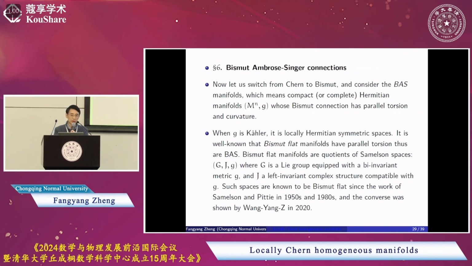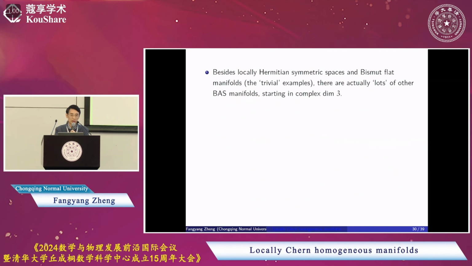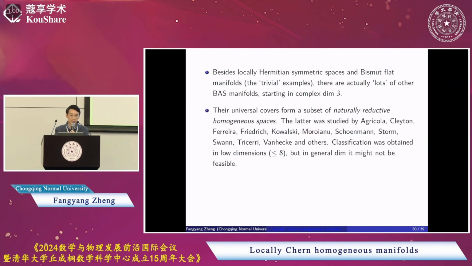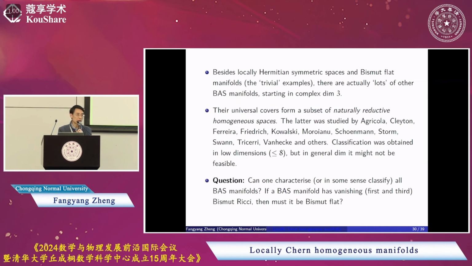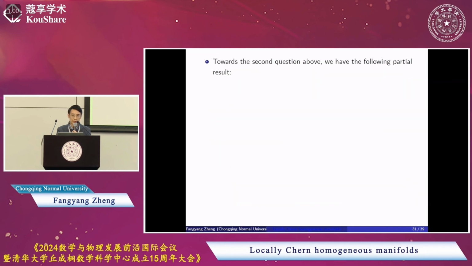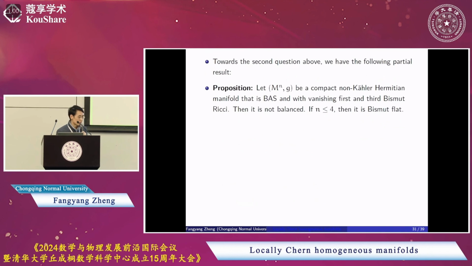Bismuth flat are the Samuelson spaces. Here, let me skip that part. In particular, you could ask the AK type question for Bismuth connections. Our partial results basically say that, for the AK type question for BAS manifolds, first of all, the classification of BAS manifolds is an interesting question.